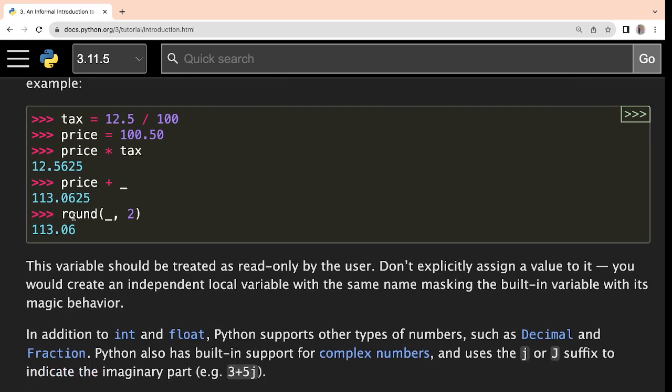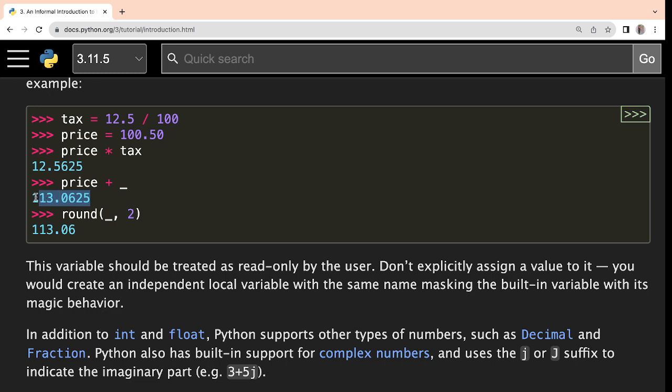After that, you see one round function has been used for rounding the value to two decimal places. And here also you see which number to round: for that, underscore is written. Underscore means the latest output. Now this output has come, so this has become the latest, not the 12 point, not this one.